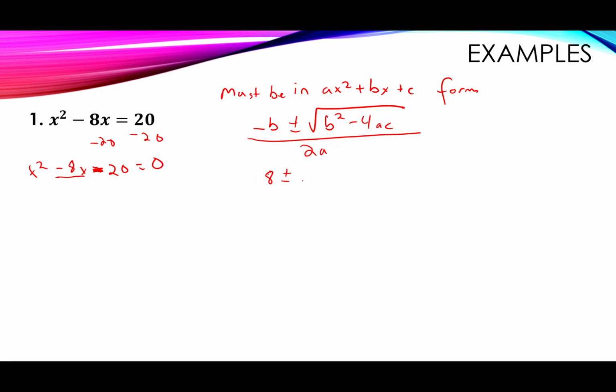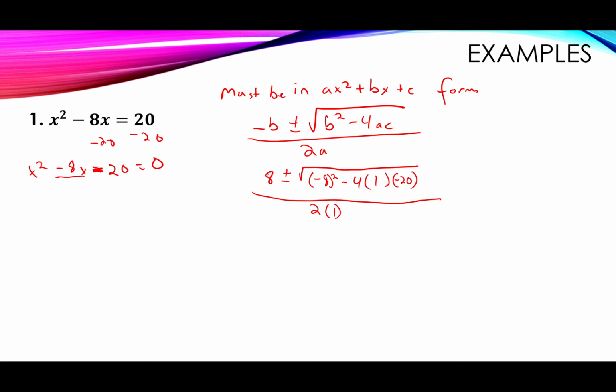All right, so plus minus, and then again negative 8 squared minus 4, and then I'm just plugging everything in. A is just 1, and C is negative 20. All right, over 2 times 1. And I know this does take a while, but this is what we have to do.